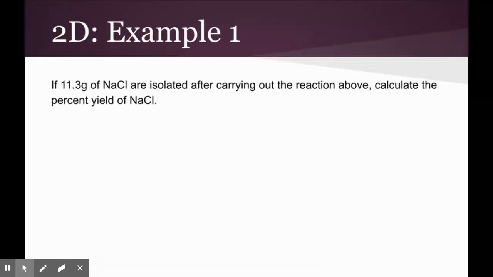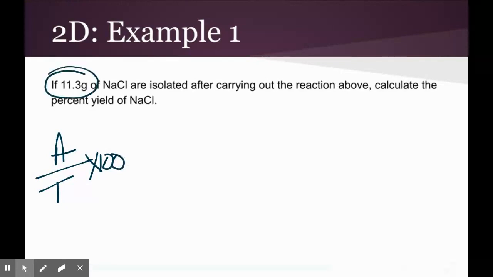So now this is example 1 for 2D percent yield. However, it's going to be using what we just calculated for the theoretical yield of NaCl in the previous problem. So the problem says if 11.3 grams of NaCl are isolated after carrying out the reaction above, calculate the percent yield for NaCl. So if you remember, to calculate percent yield, you do the actual yield over the theoretical yield times 100.